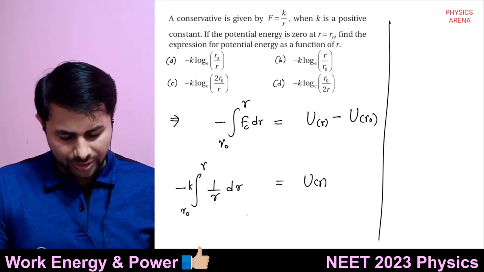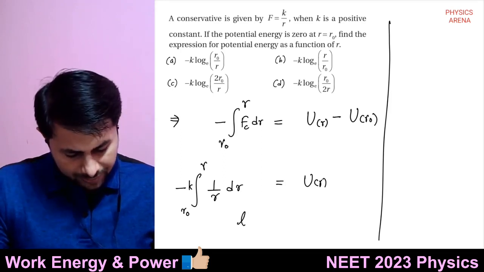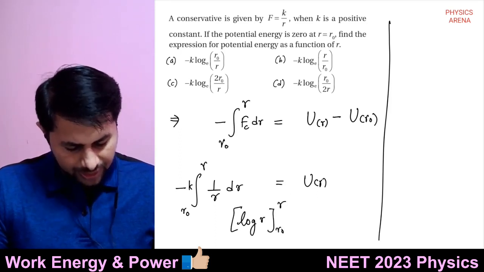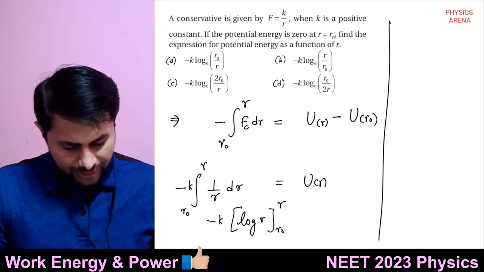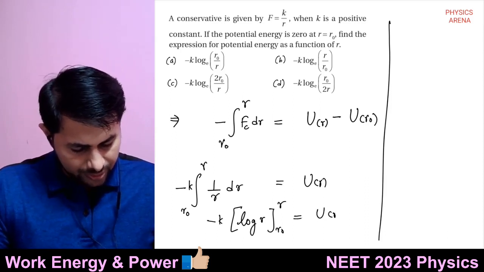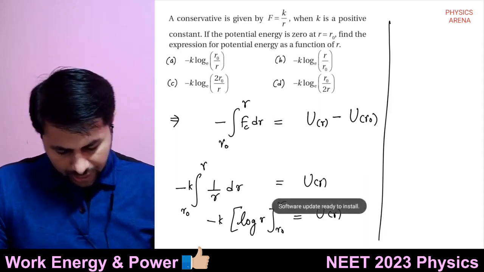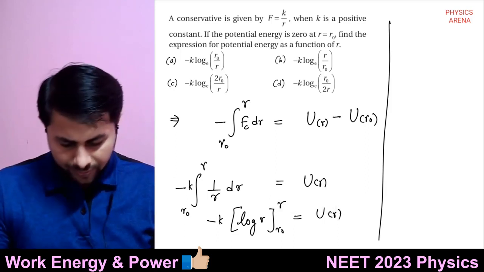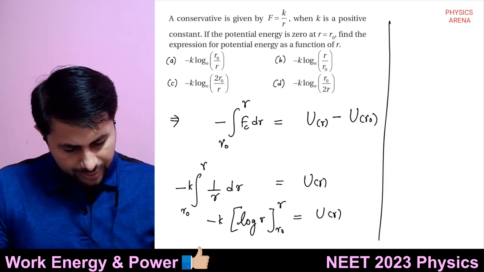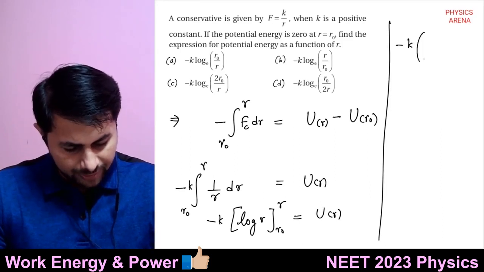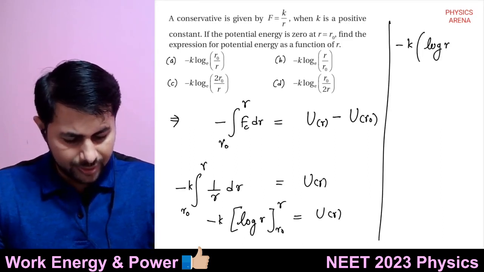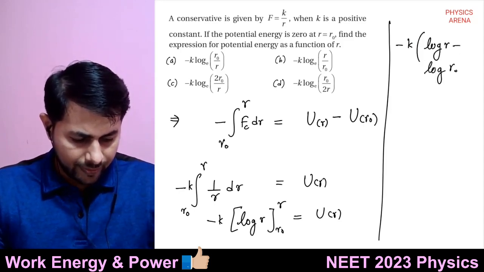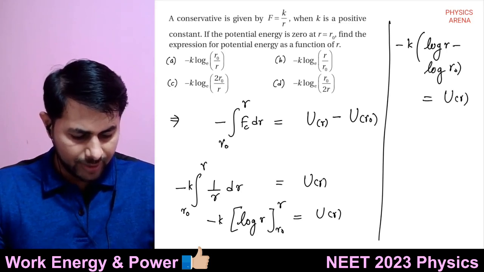Okay. So the integral of this is log of R. Lower limit is R naught, upper limit is R. And you have minus of K. Then substitute the upper and lower limit. So it is log of R minus log of R naught. So minus K multiplied by log of R minus log of R naught. This is equal to U of R.